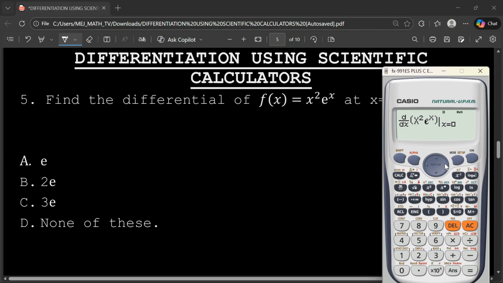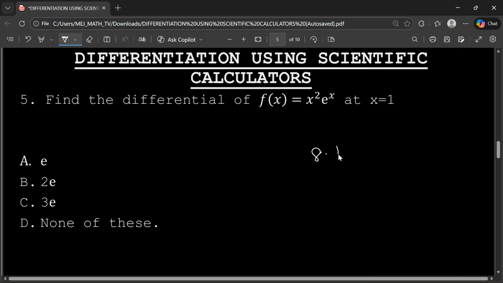So we are going to choose 1, and the answer is 8.154.